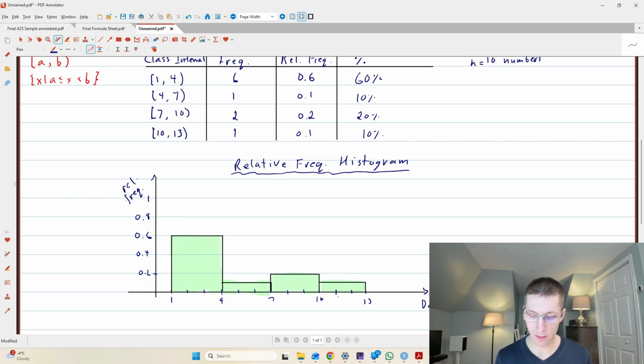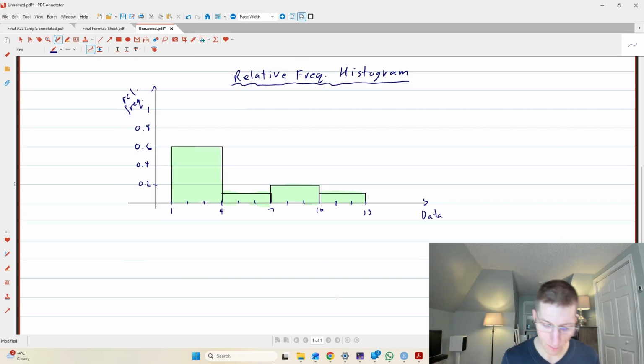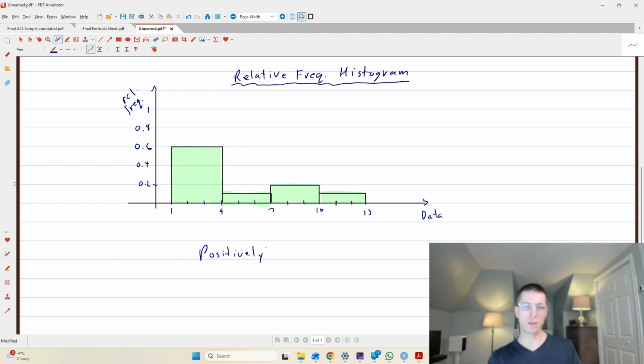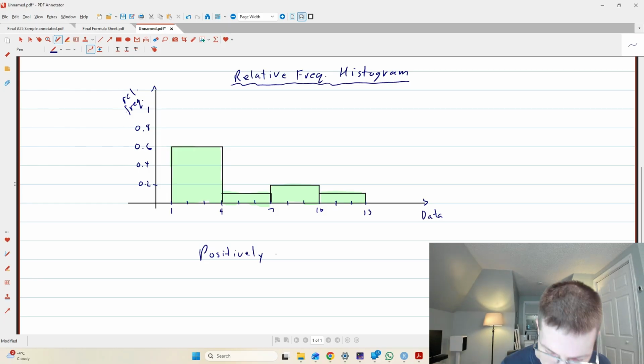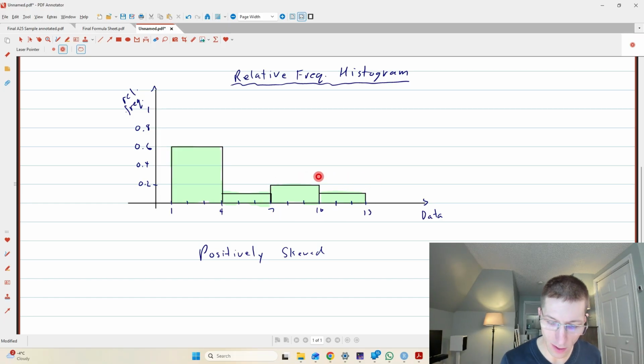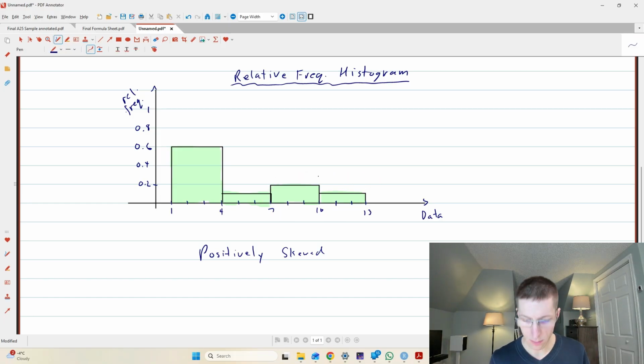That means this is positively skewed because of that long right tail and where most of the data is on the left part. That'll cause the mean to be bigger than the median with these extreme measurements in the right tail. Okay, so that is problem 5.